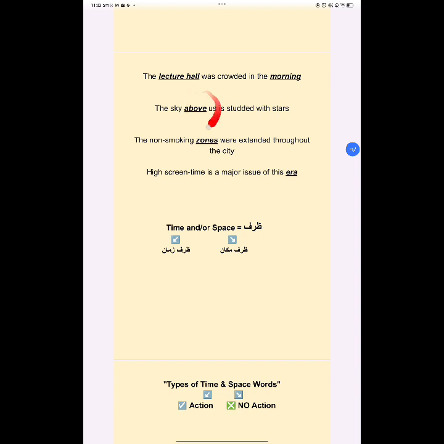The word above is also a kind of zarf makan because it is telling you the place or the direction. Okay, then zones. The word zones is also a zarf makan. All right, so I hope that the two flavors of zarf zaman and makan are clear along with what they mean. All right, so let's move on.